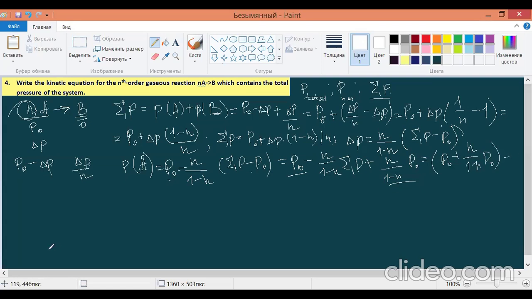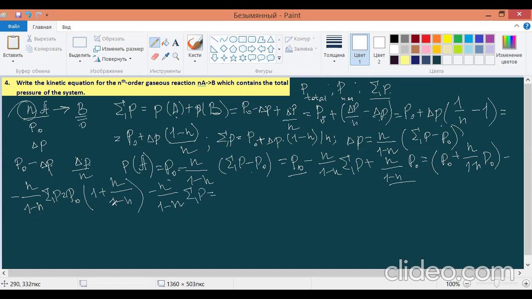Okay, minus n over 1 minus n times sigma p. So I put p sub 0 out of the brackets, and we got 1 plus n over 1 minus n minus n over 1 minus n times sigma p.